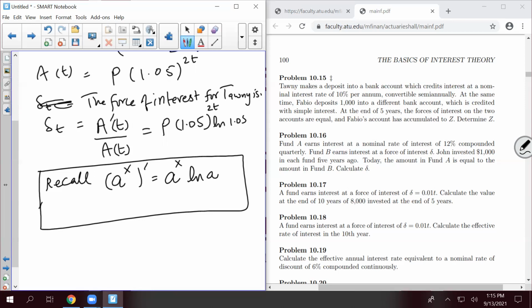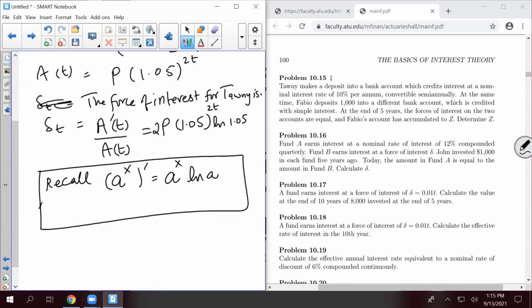But are we done? We're not quite done, because this is the rule if you have a to the power x. What if you have a to the power 2x? Then you will have a^(2x) ln a, and then by the chain rule, the derivative of 2x, which is 2. So the derivative of 2t is 2.